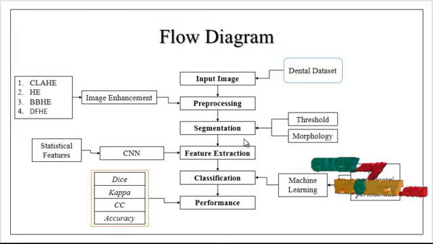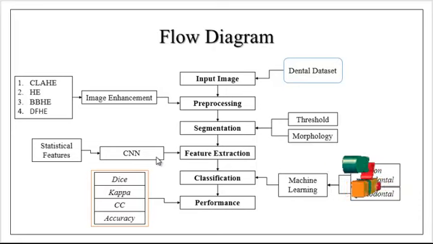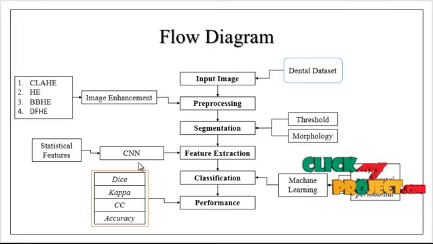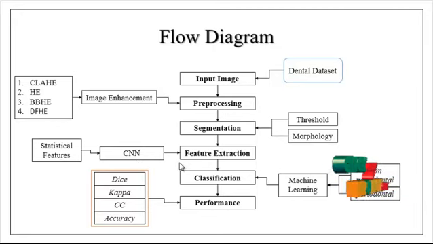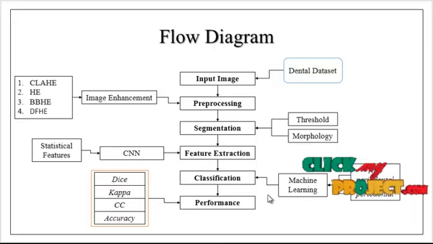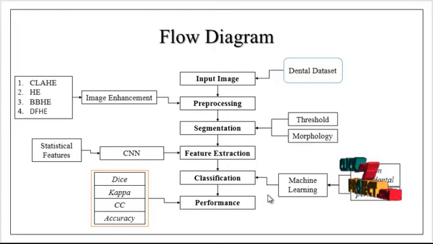After the segmentation, we move to the fourth stage of the project, that is the feature extraction. In this feature extraction, we have applied the convolutional neural network to extract the statistical features from the image. After extracting the features from the image, we go to the classification stage. In this classification step, we use the machine learning algorithm to classify whether the input is affected or not.